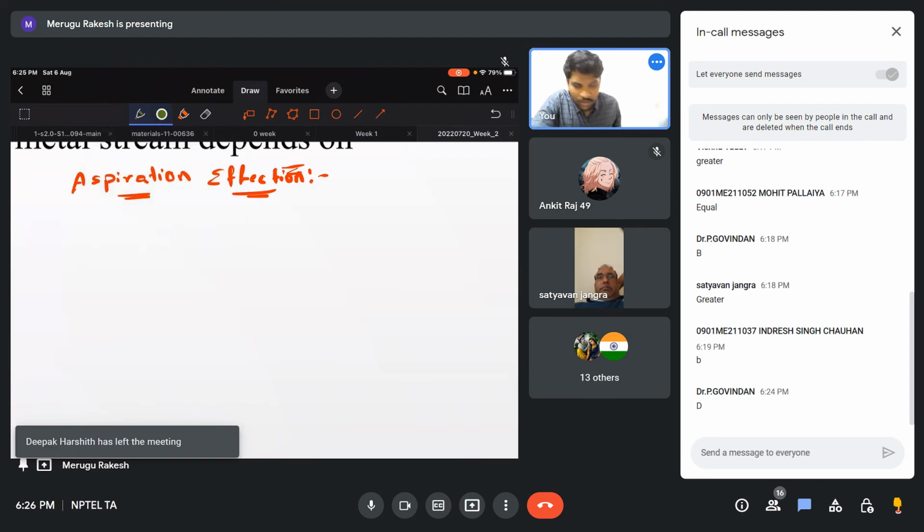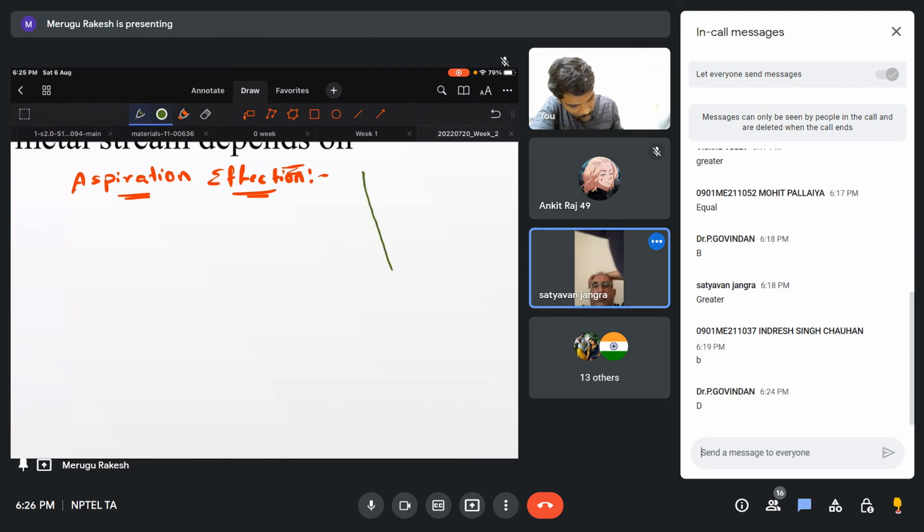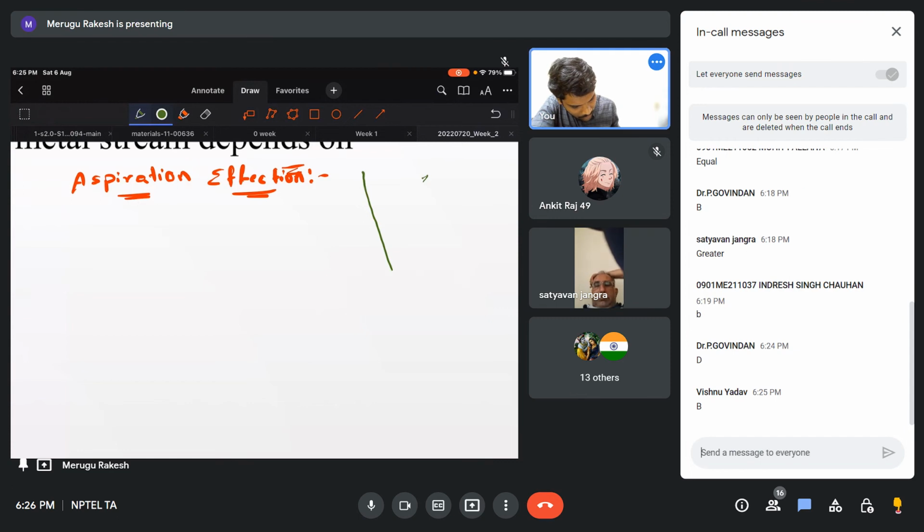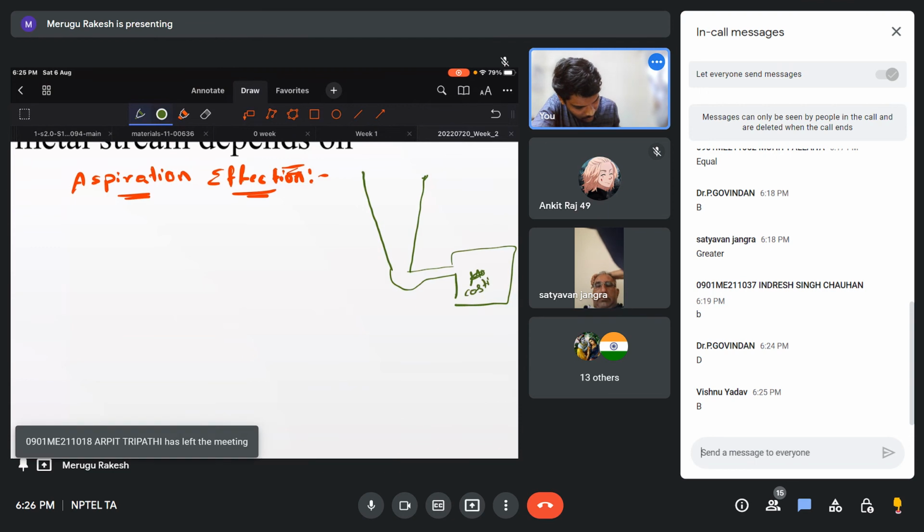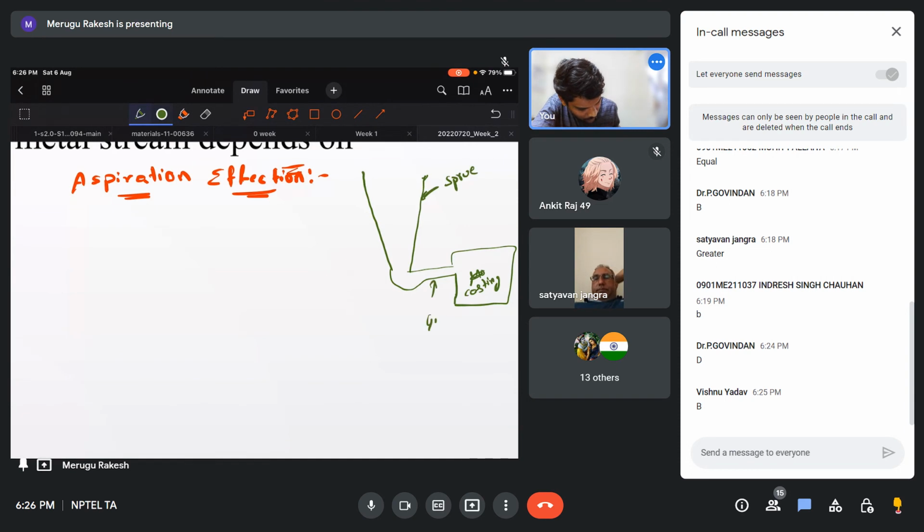What they are asking is this: I have a tapered sprue and a mold cavity, say a casting.